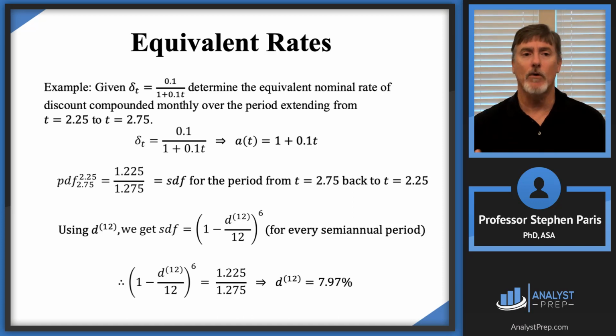On the other hand, if you were borrowing money and paying interest, then one bank is offering you a 10% simple interest rate over that time period, and the other bank says we're going to charge you an 8% discount rate compounded monthly over that period. Well, of course, then you should go with the bank that's offering you the 8% discount rate. So it's a way of comparing rates, and very practical stuff here.